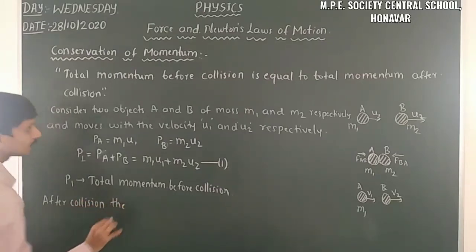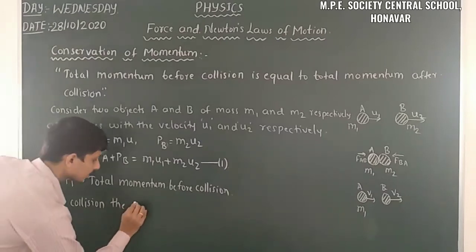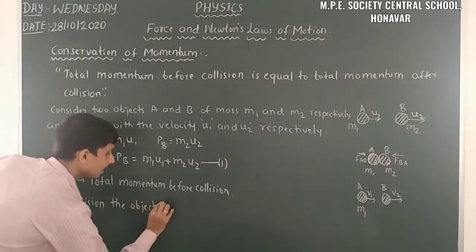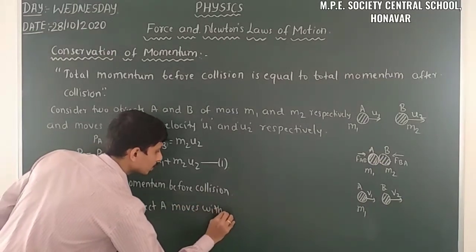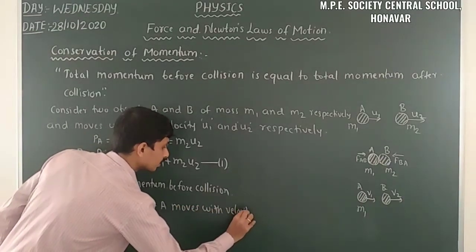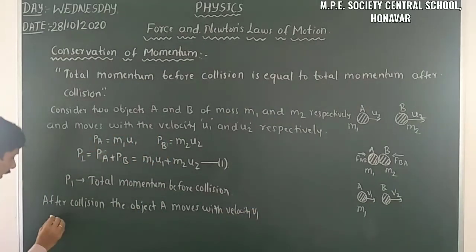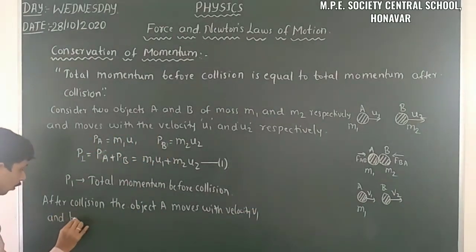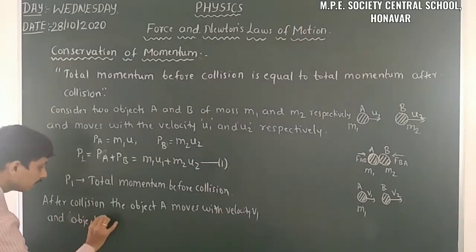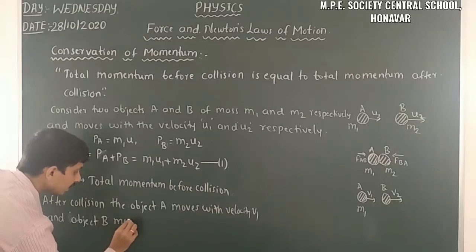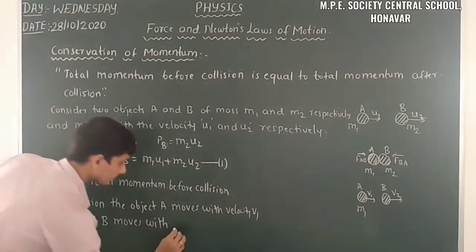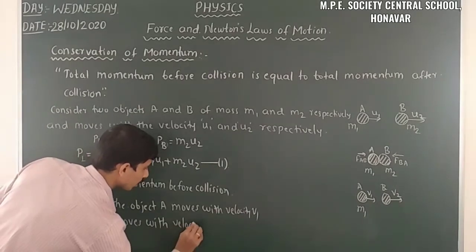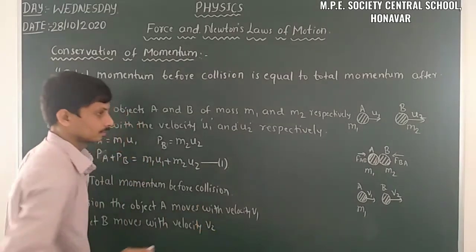That is, after collision, the object A moves with velocity v1, and object B moves with velocity v2 here.